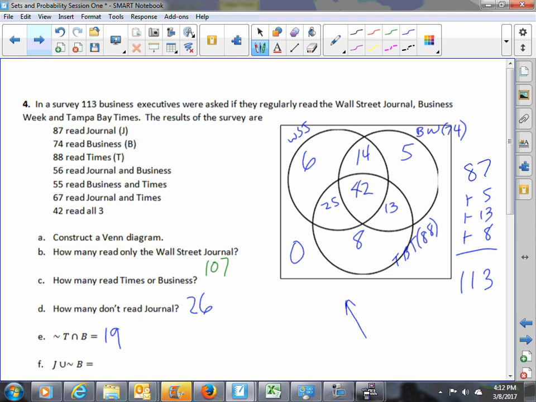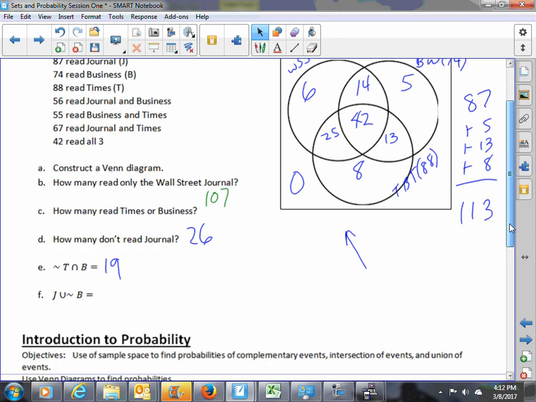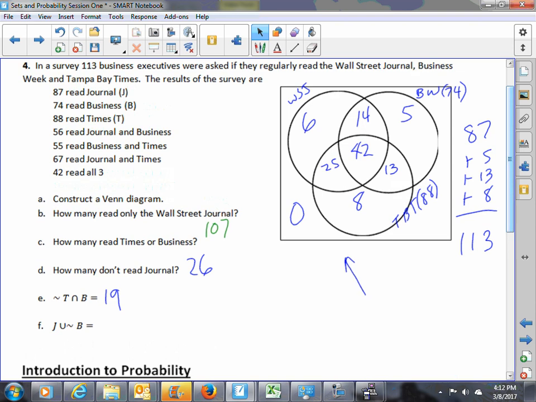Now, how many are in the union of J and not B? Okay, so we're putting everything that's inside here along with everything that's outside here. So that would be the Wall Street Journal, which we know is 87, plus 8, and actually plus 0.